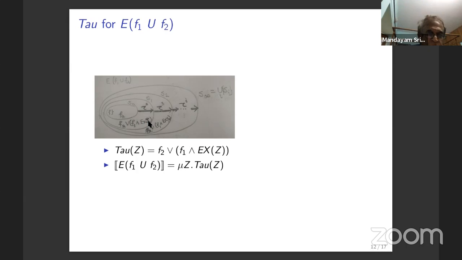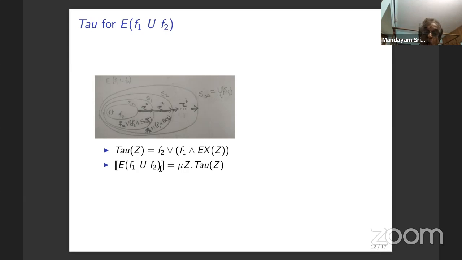Because Ex of S naught will have an existential quantifier involving F2. And so you will have repeated nested existential quantifiers here. Yeah. And that's how you do it until you reach the fixed point.